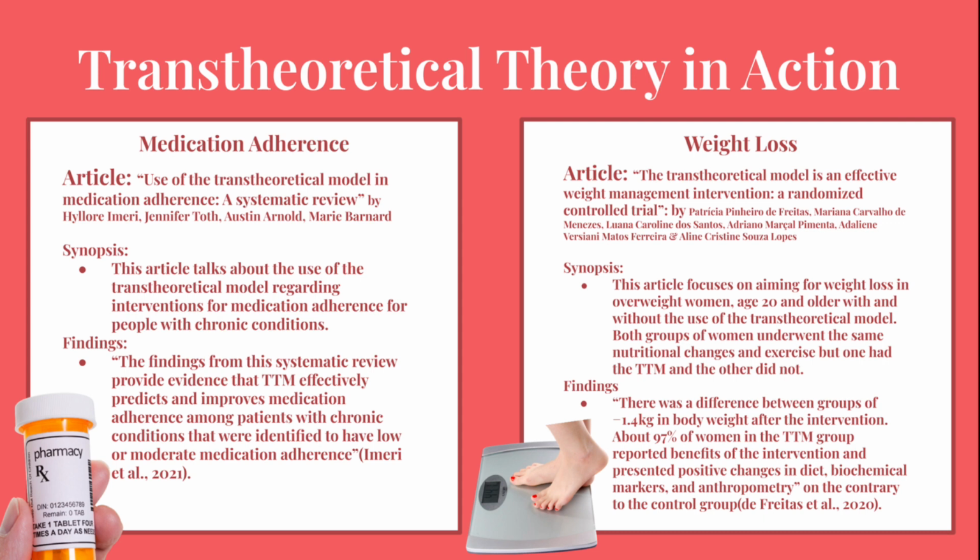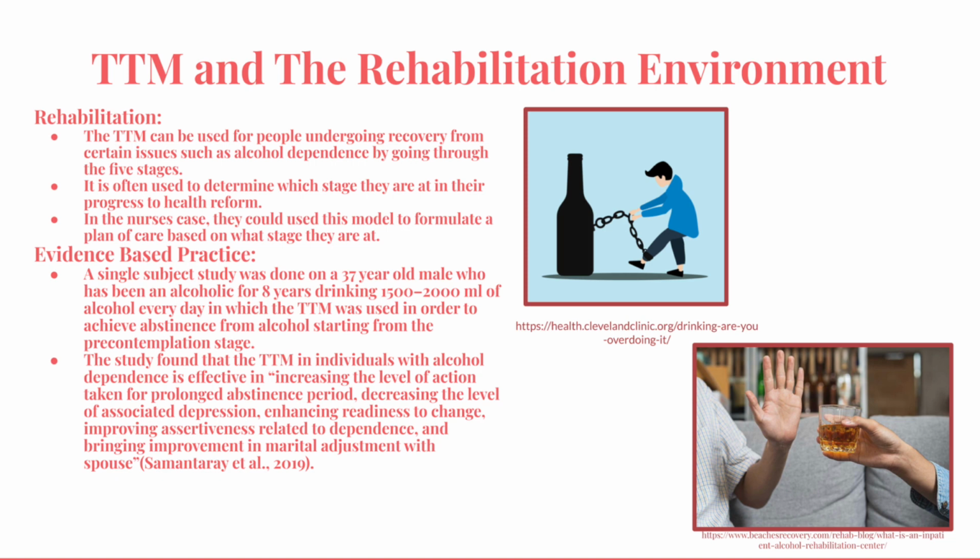Both groups in this experiment were given the same exact type of treatment, the same time exercising, the same diet. They found that the group that used the trans-theoretical model was a lot more efficient in losing weight. That was another example.